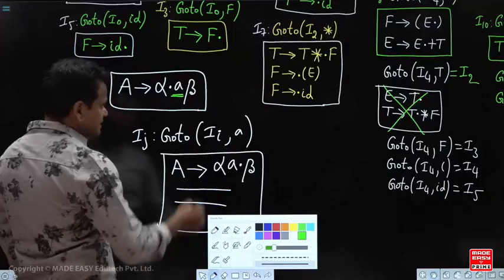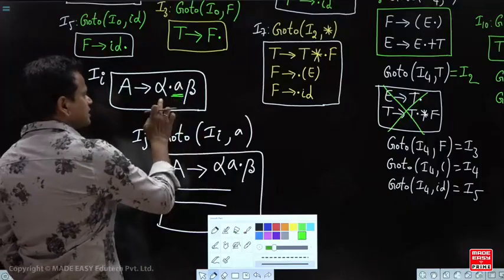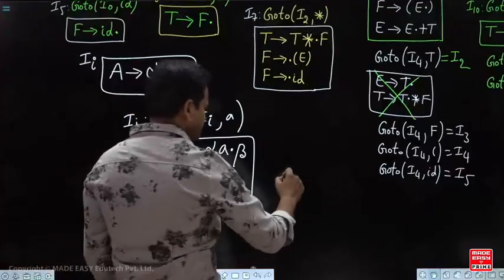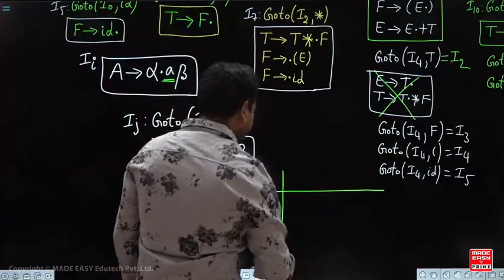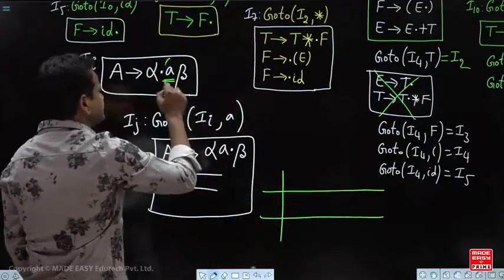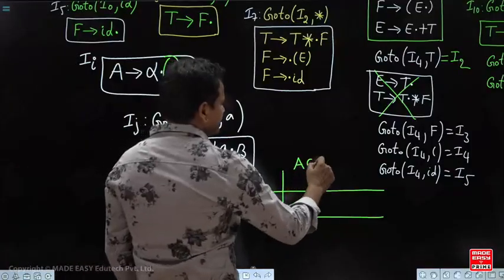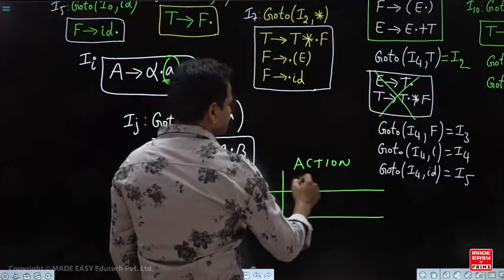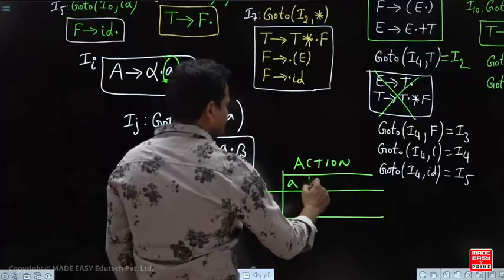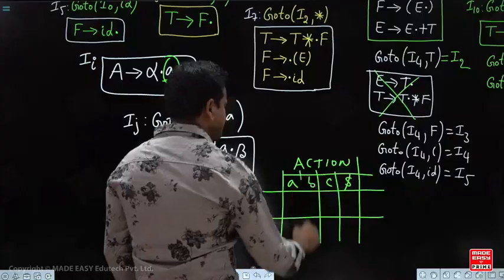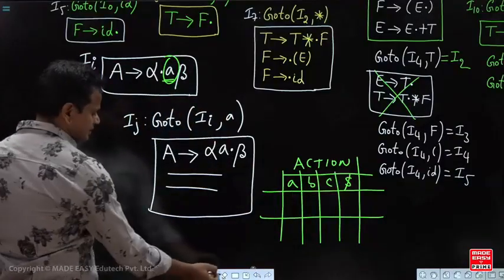Now for this production, how to enter in the parsing table? Look at this. Here, as this is a terminal, we must enter in the action part. Suppose terminals are a, b, c, $. Now everyone please look at this.